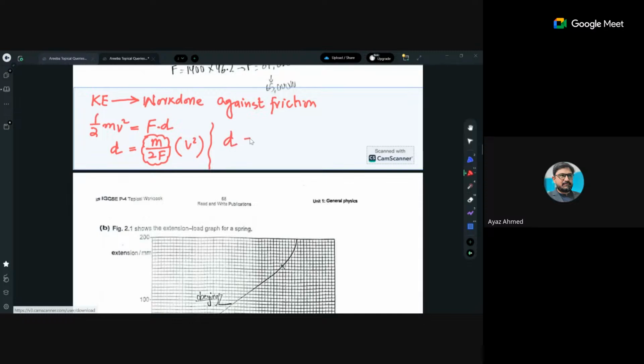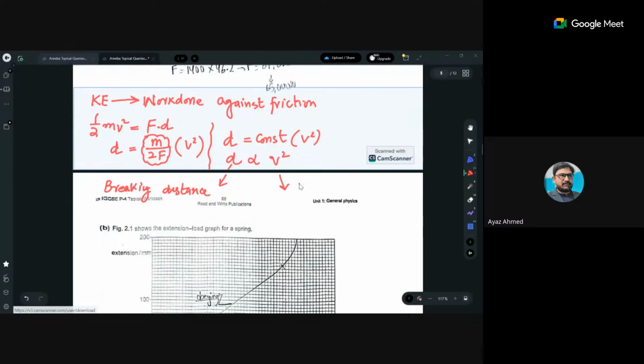So distance is equal to some constant times v square. So I can say that distance is directly proportional to square of speed. Okay, so what is that distance? This is the braking distance. Okay?